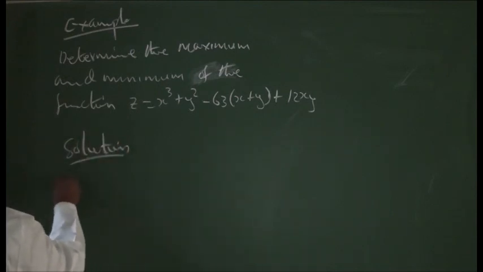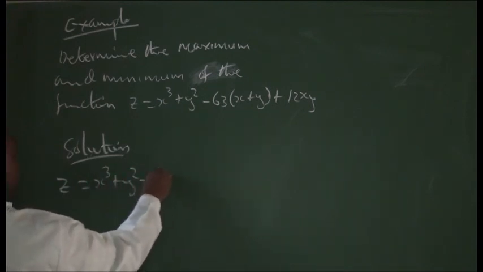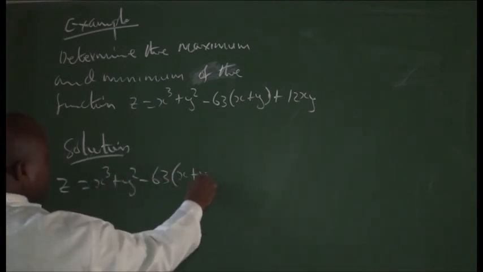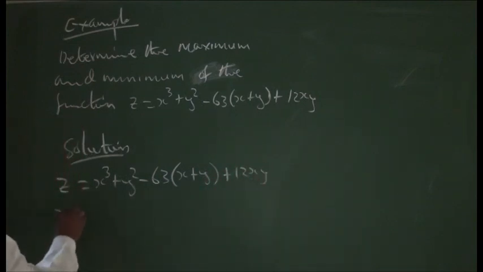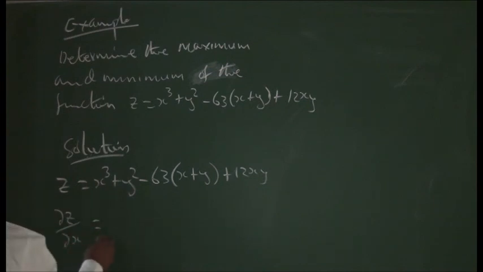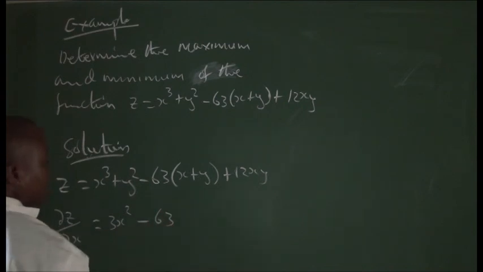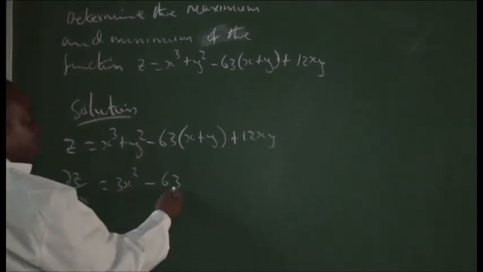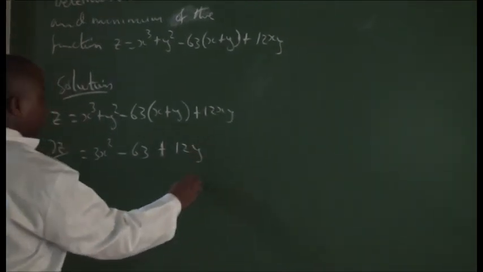I have that z equals x cubed plus y squared minus 63x plus y plus 12xy. Now, partial z partial x will give me 3x squared minus 63 plus 12y.